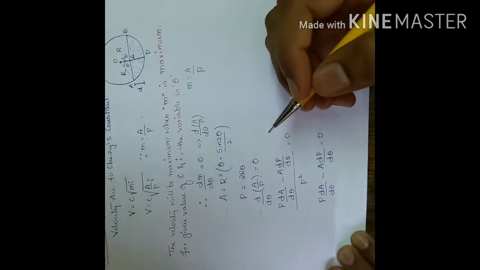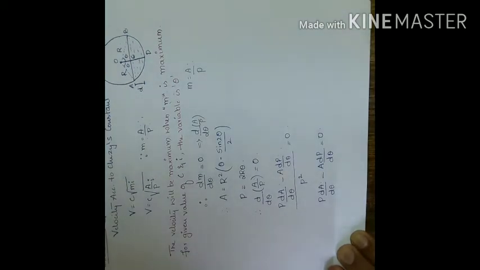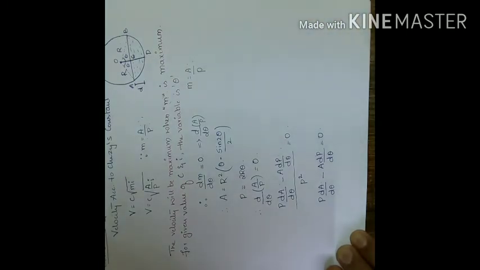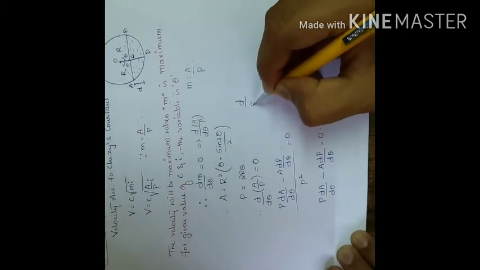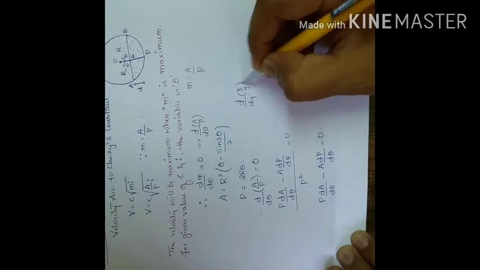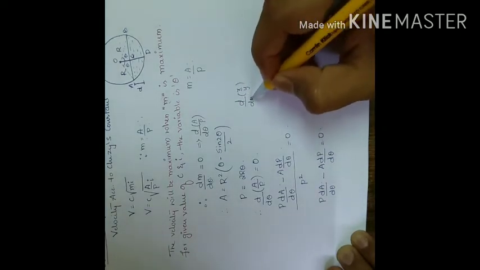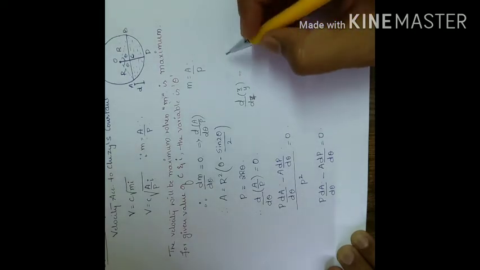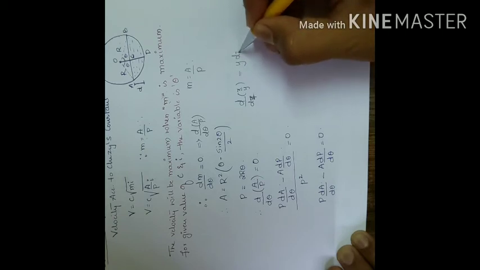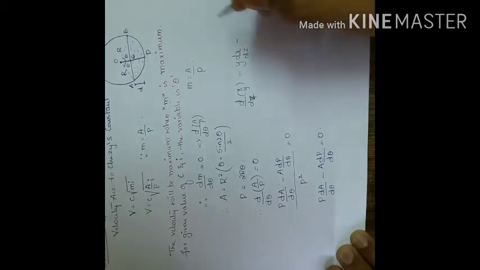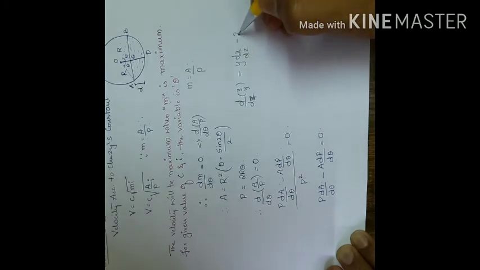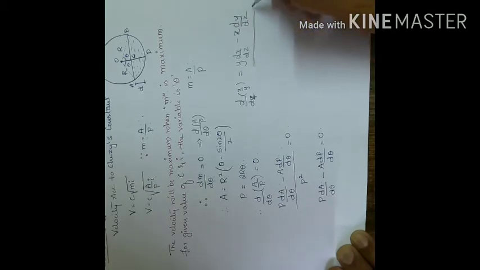From differentiation, the formula for the differentiation of x by y, or any such function, is: y into dx by dz minus, that is, first I keep the denominator and differentiate x, then minus x into the differentiation of the denominator, divided by y square.